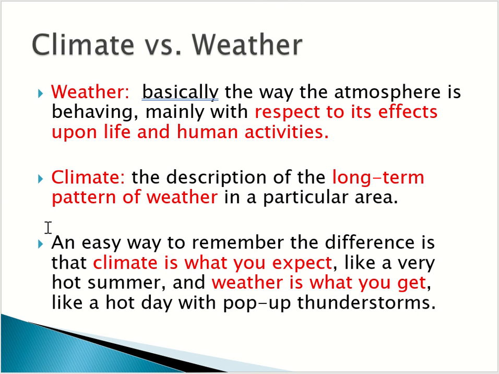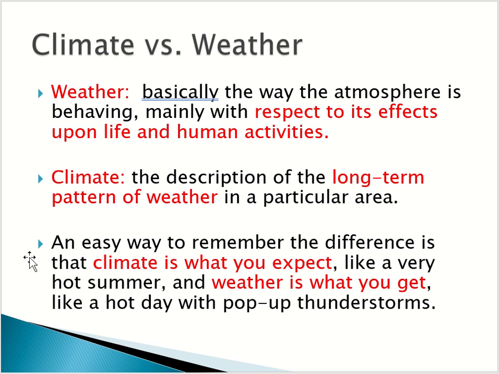So climate is a more long-term pattern that, again, does have an effect on human activities, but it's not going to affect whether you bring an umbrella out with you on a given day. It's going to affect, do you want to start up an orange farm, and where are you going to buy land to do that? Longer term human activities.